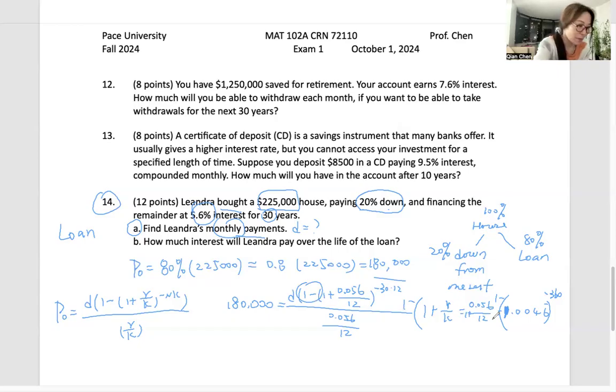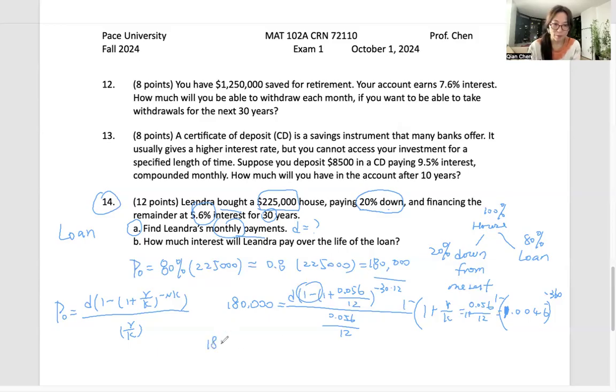I have to do one more time: 1.004666 raised to negative 360. I get 0.81285. So this is inside the numerator.